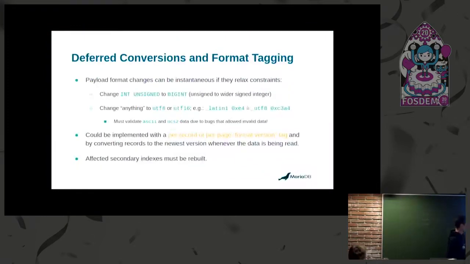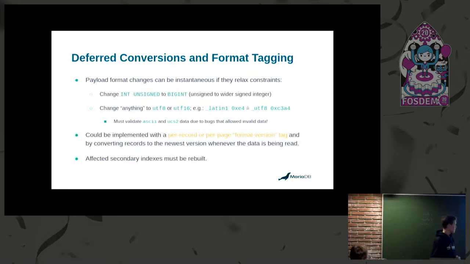Like if we tag the records with the schema definition that was in effect when each record was written, then we could lazily convert the records to the newest version when reading the table. And we could also have some validation step, even if we have some change that could fail.